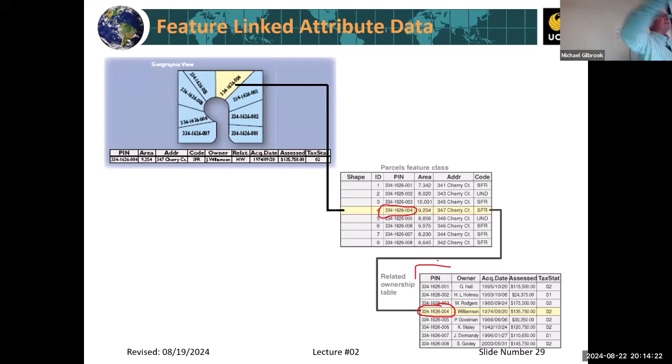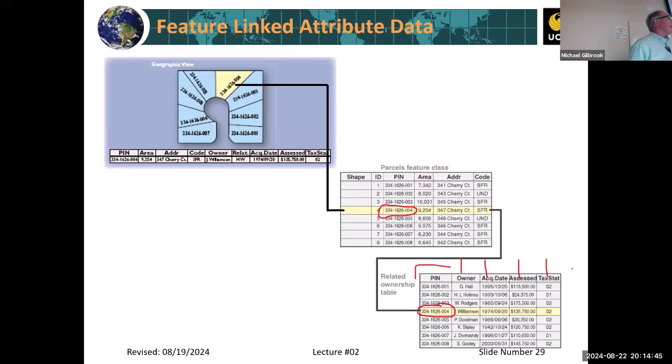So now I extend the table and add these additional fields. I now know the owner and what year the property was purchased and what its current assessed value is and its tax status. And I can do that with any kind of data. As long as it has that parcel number, I can join it to the main table and I know all that information about that parcel.